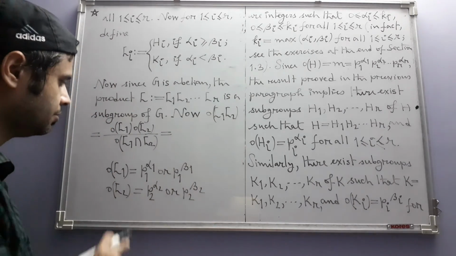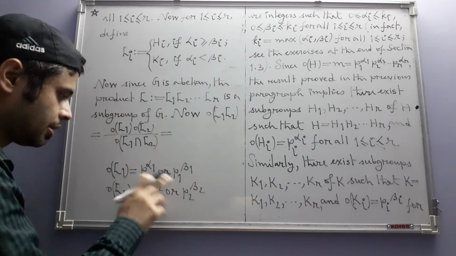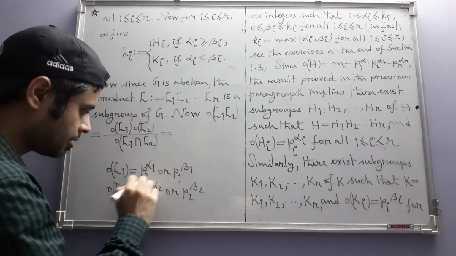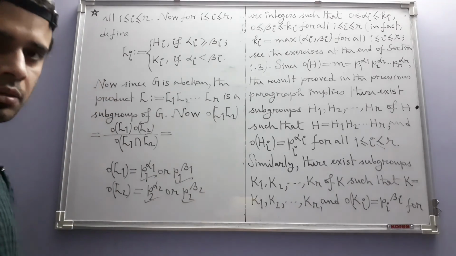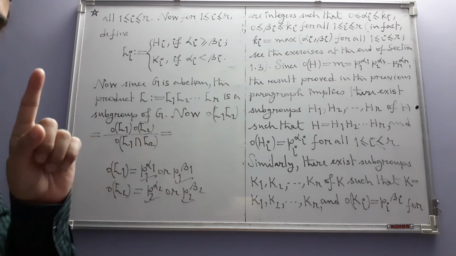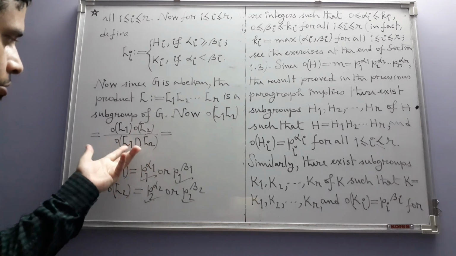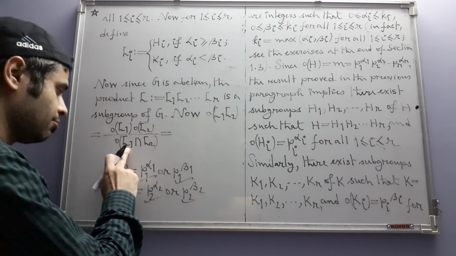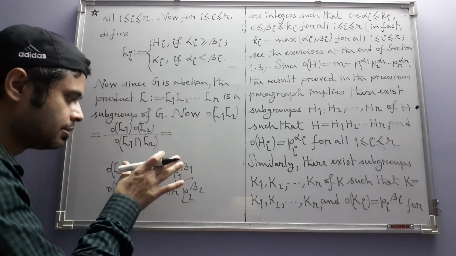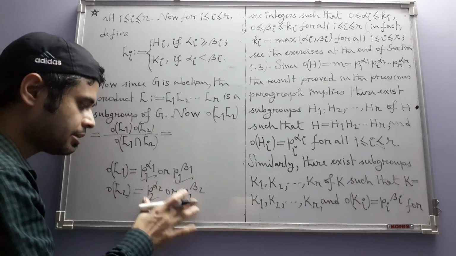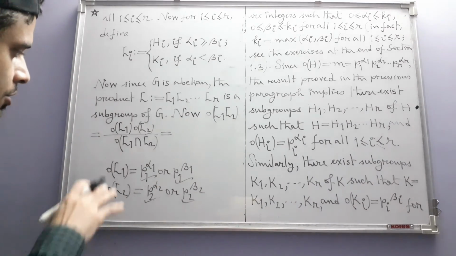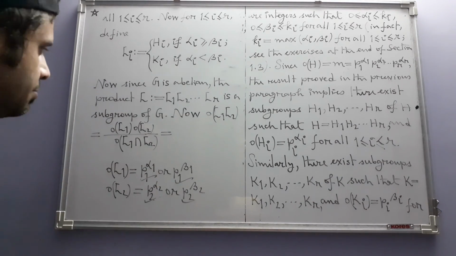Whatever the case may be, the orders are relatively prime. That is because the primes are different, P1 and P2. So that's why you should be able to see that this order will be equal to 1. L1 and L2 are two subgroups, L1 intersection L2 is a subgroup of both L1 and L2. So its order should divide these numbers as well, either this one or this one. Since P1 and P2 are different primes, this order should be equal to 1.